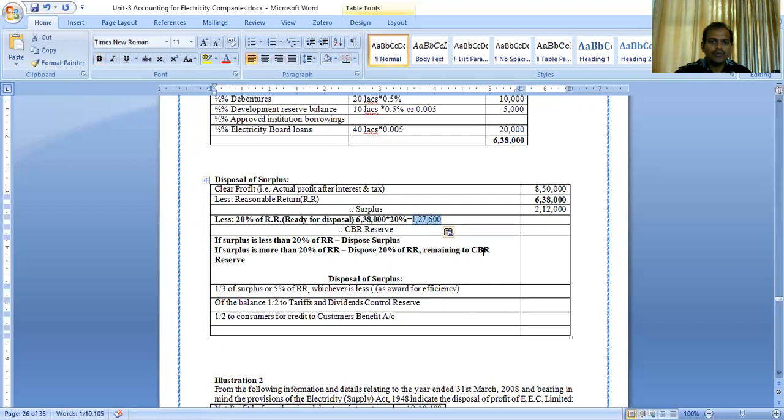The remaining amount goes to CBR reserve, consumer benefit rebate reserve. Okay, so 1 lakh 27,600. The remaining amount 84,400. So this is the amount we have to dispose of.